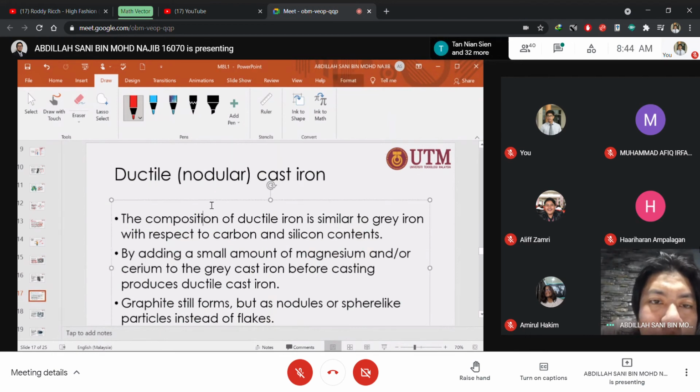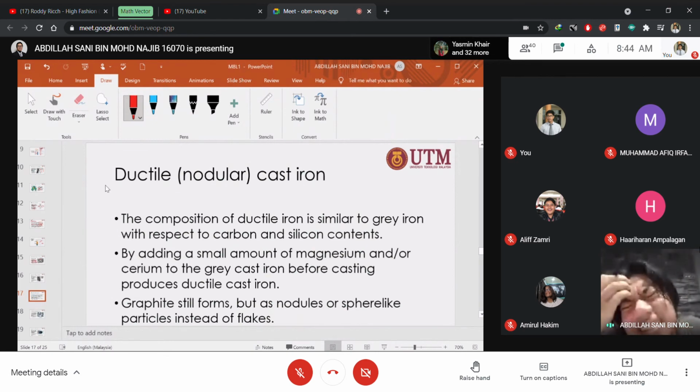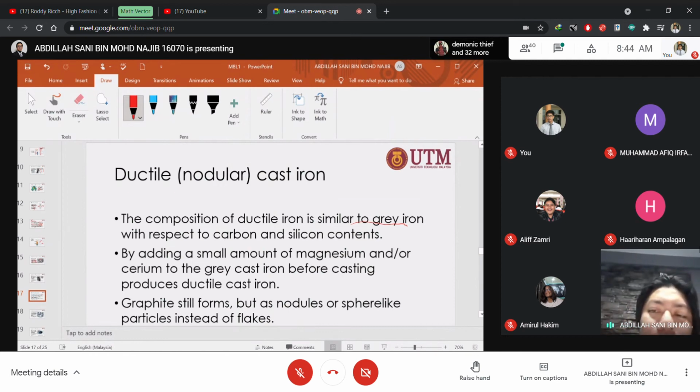Nodular is something that has nodes, like a round shape. The composition of ductile is similar to grey cast iron with respect to carbon and silicon content. So it is similar to grey cast iron, with the addition of a small amount of magnesium.